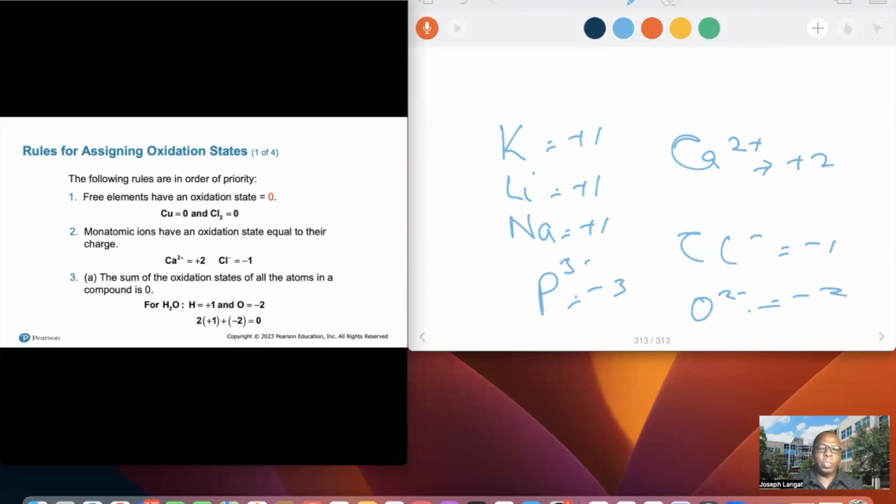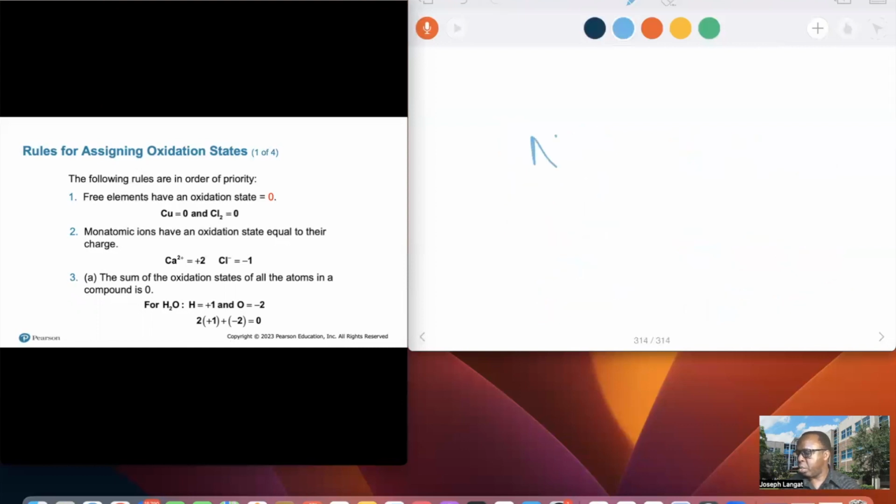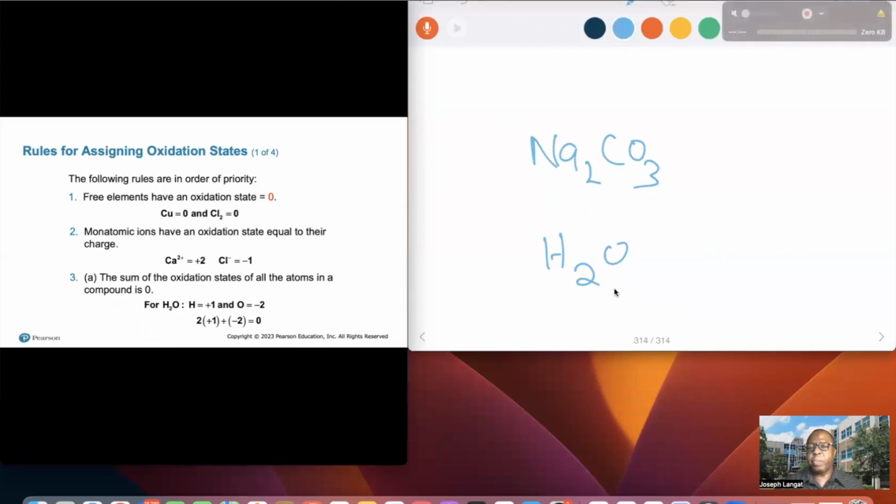Now, the sum of oxidation states for all atoms in a compound is 0. So if you look at, let's say, sodium carbonate, the sum of oxidation states adds up to 0. Let me show you, let's say, H2O. How can the sum of oxidation numbers be 0? When you assign the oxidation number, the last element takes first priority.